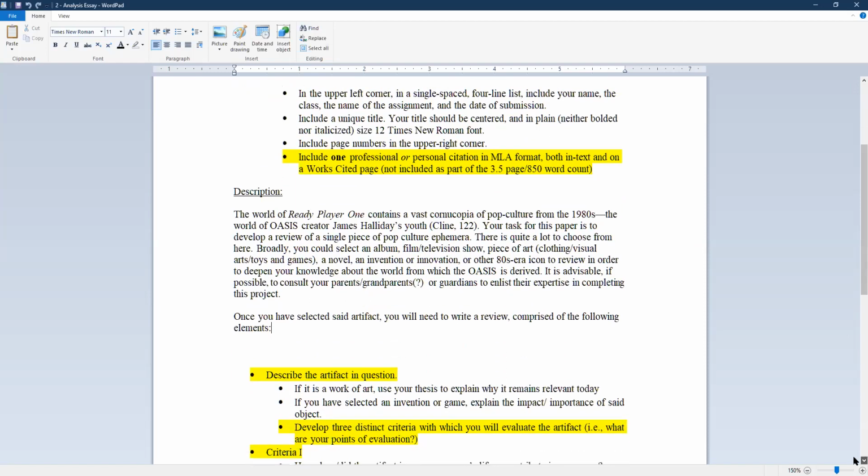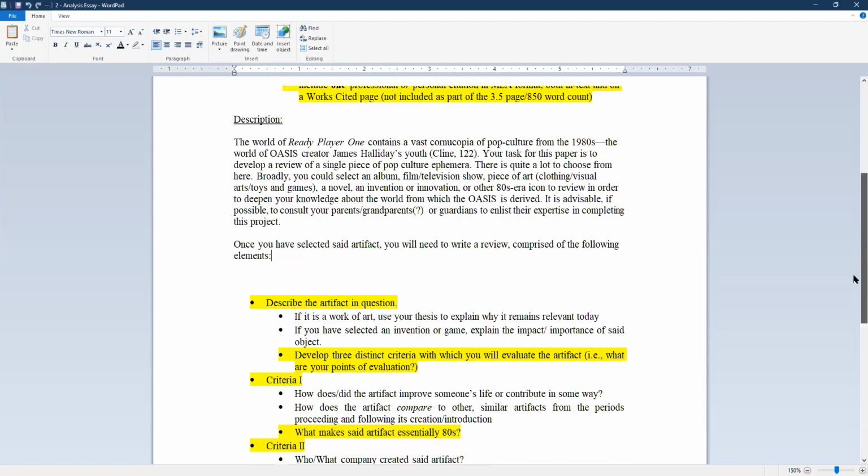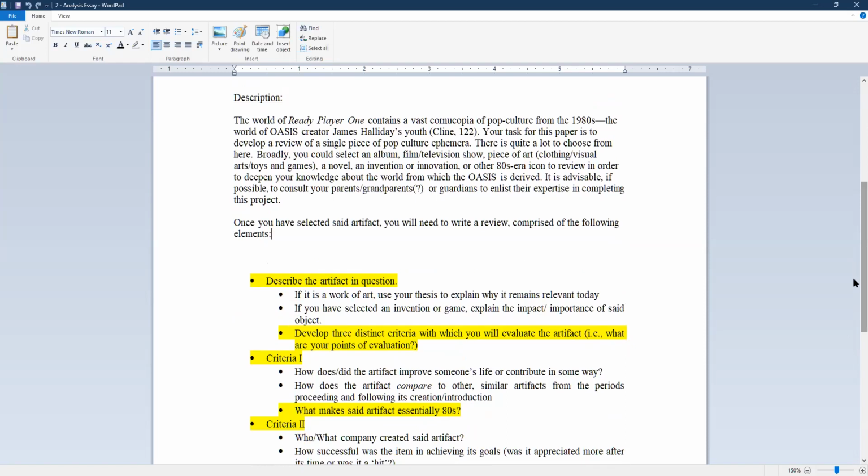So if it's a work of art, you might want to use your thesis to explain why it remains relevant today. Or if you selected an invention, by contrast, you may want to explain the importance of said object, and develop at least 3 distinctive criteria that you can use to evaluate the artifact. In other words, what are the points of evaluation that you are using?